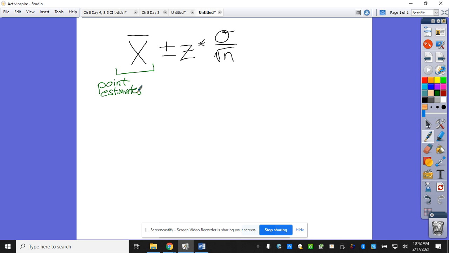What's the vocab for that, whether it's a Z or a T? That's our critical value. It changes name a little bit, but in general, what is this?